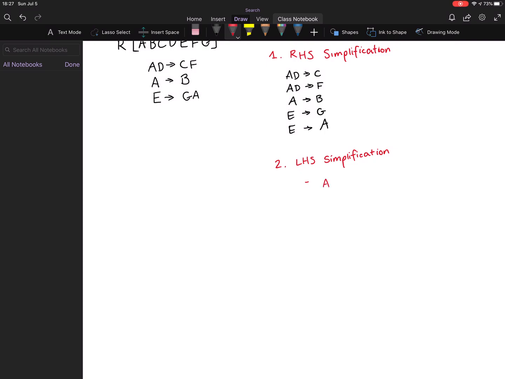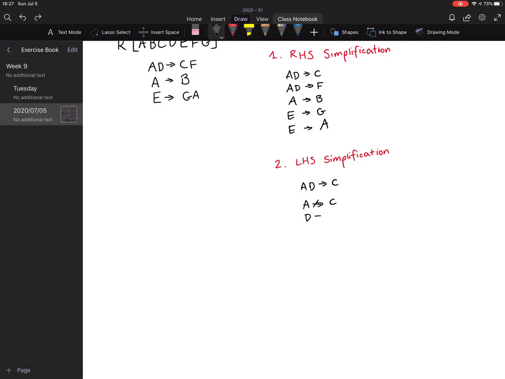So basically if we have AD implies C, if A does not imply C, but D implies C, then we can get rid of A. Like that's that simple.